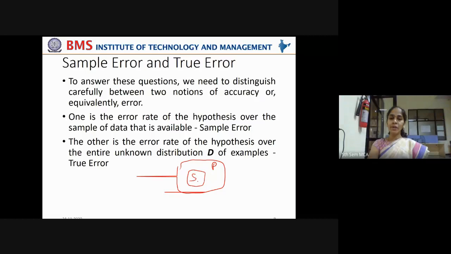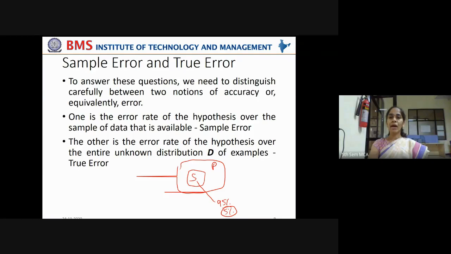Now, when you train the machine learning model by using this sample, you may find that it is performing with 95% accuracy, and for 5% of the examples, it is predicting wrongly. In that case, we say the sample error with that particular sample is 5% here.